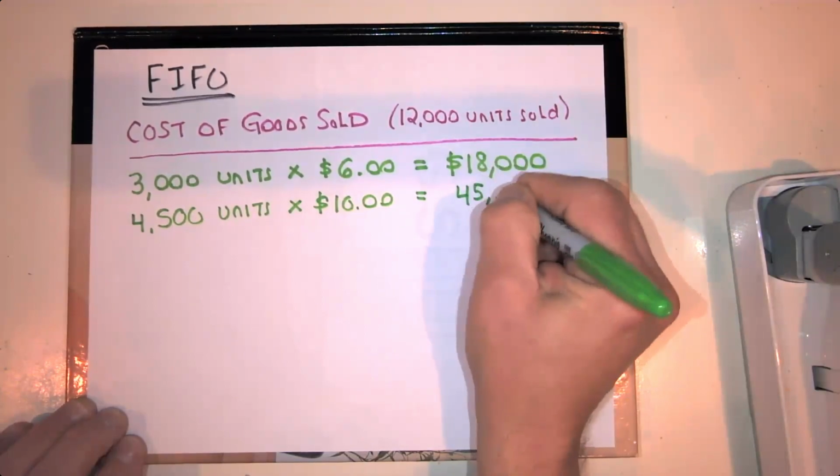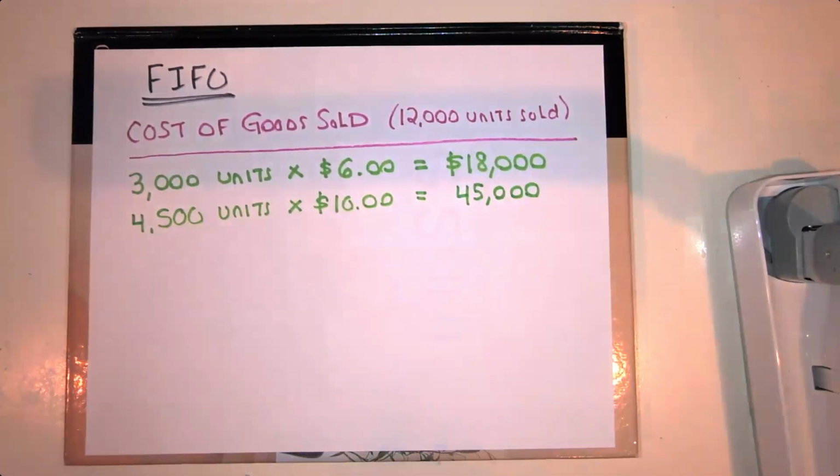So that's $45,000 assigned to cost of goods sold. Good job. Matthew, another quick question here. Are we done yet? No, we are not. Why not? We still need to record 4,500 more units. And why 4,500 more?